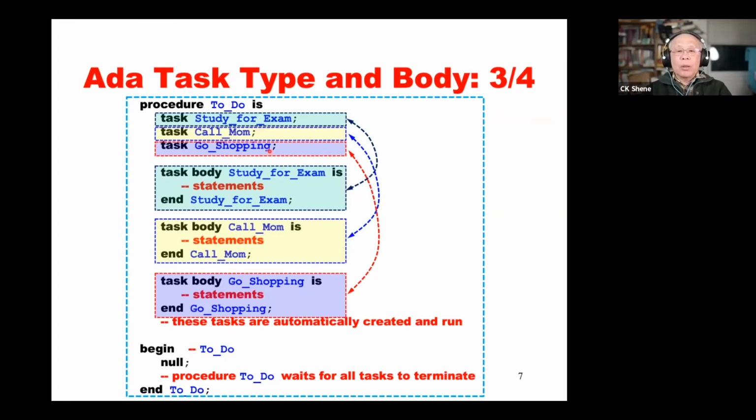The third one, go shopping. And of course, we could have other tasks and other declarations. So when procedure to do runs, all three of these tasks will run automatically, and procedure to do terminates when all three tasks terminate. This is the basic concept of Ada tasking.